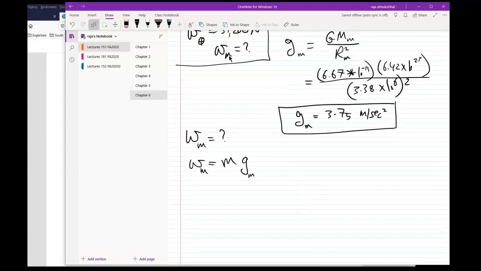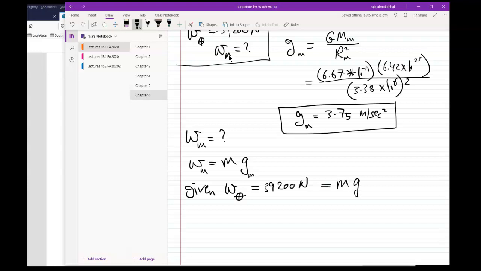So he said, given the weight on Earth is 39,200 Newton, and that's equal to mg for Earth. G for Earth, of course, is just 9.8. In this case, remember, mass is invariant. It doesn't change for any planet or any star.